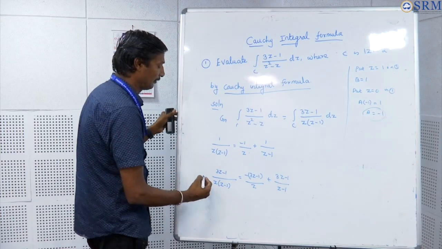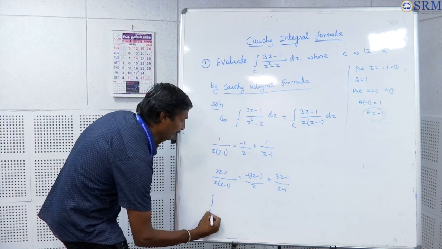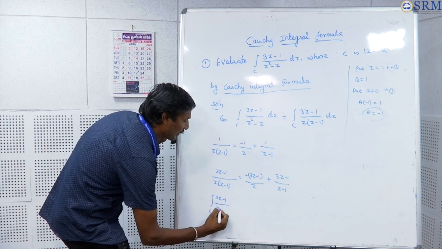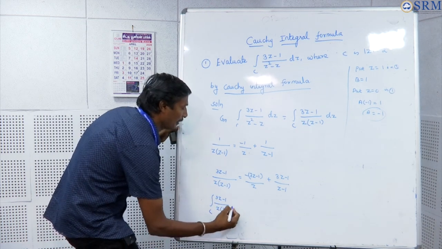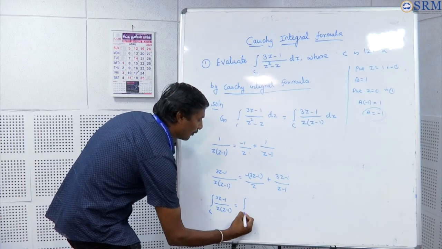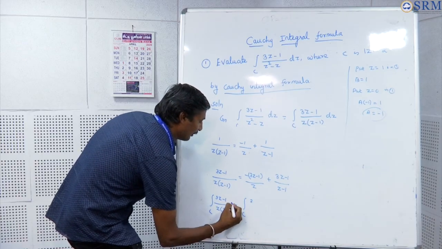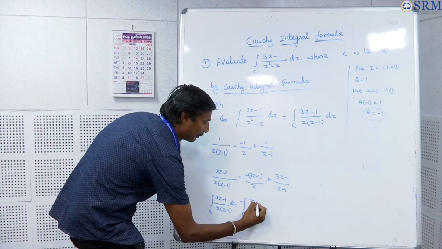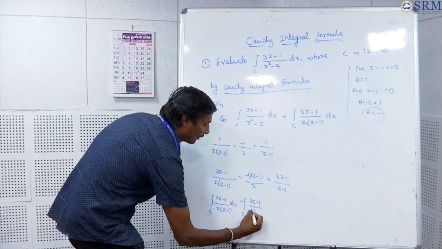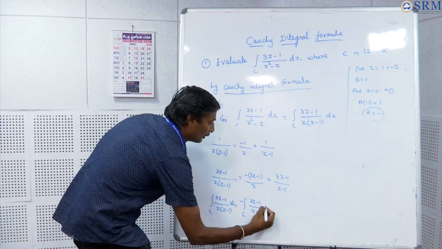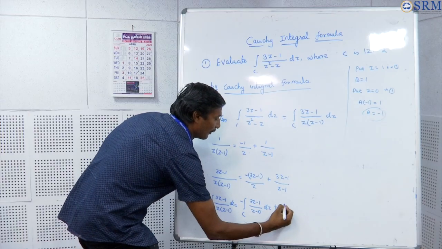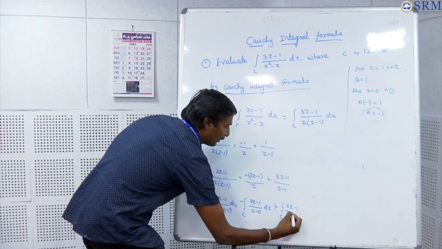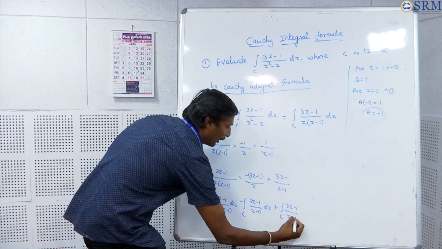So integral over C of (3z minus 1) upon z into (z minus 1) is equal to minus integral over C of (3z minus 1) upon (z minus 0) dz plus integral over C of (3z minus 1) divided by (z minus 1) dz.